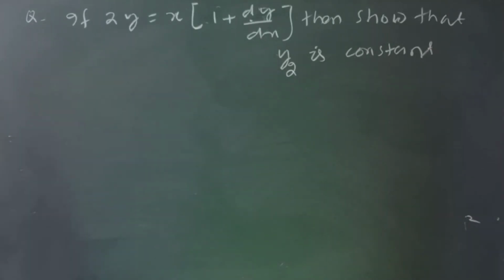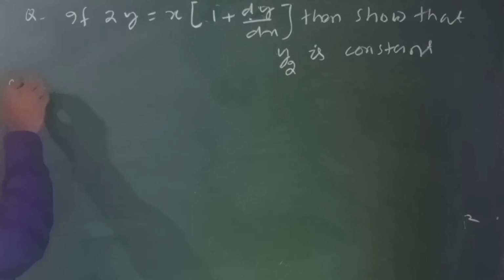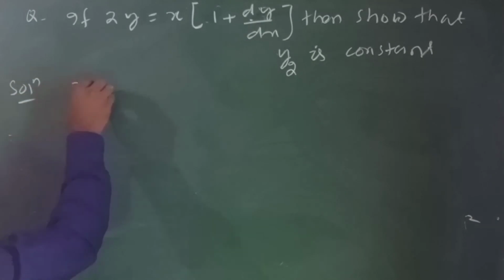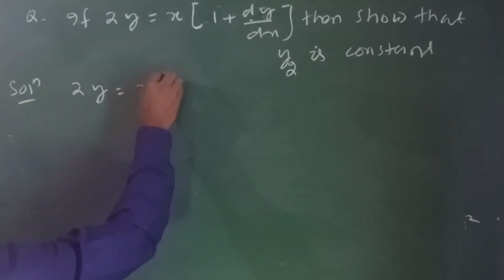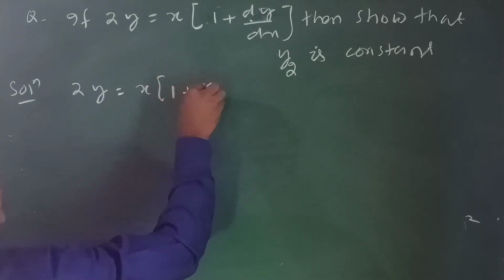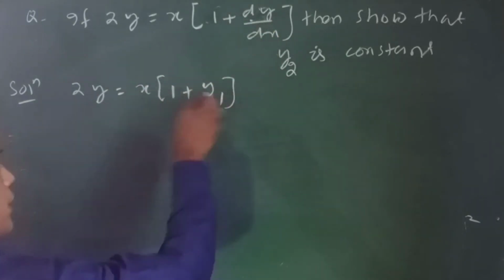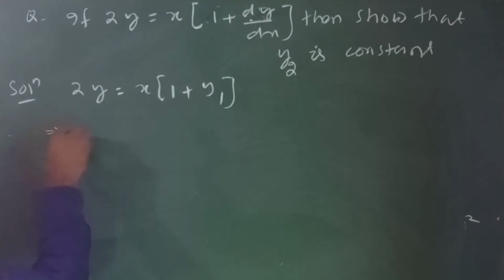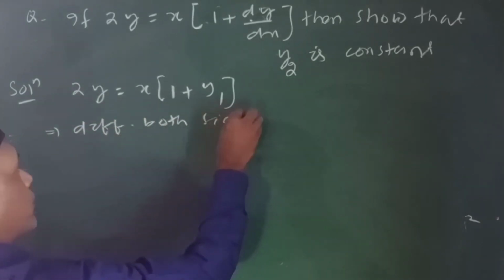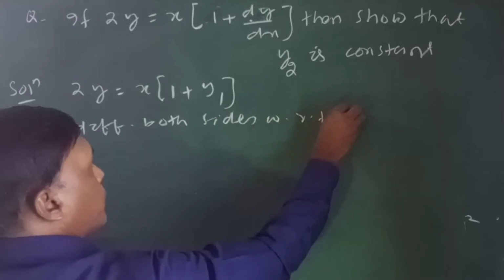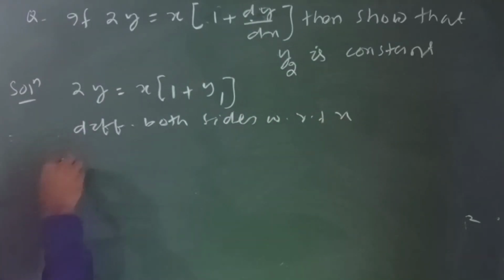One important question: if 2y is equal to x into (1 plus dy by dx), then show that y2 is constant. Now the solution is given: 2y is equal to x into (1 plus y1), where dy by dx is y1. Differentiating both sides with respect to x, we get 2 into the derivative of y, which is y1.